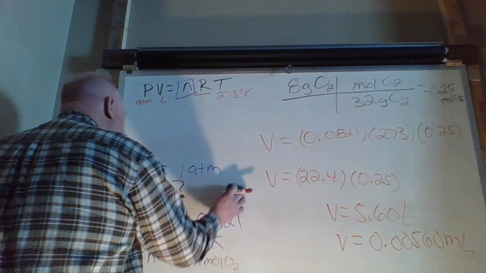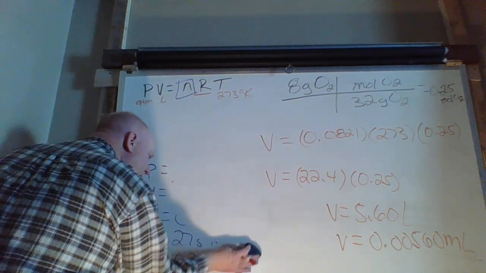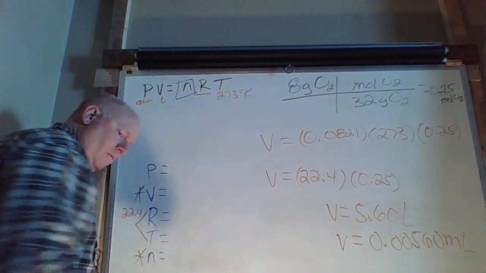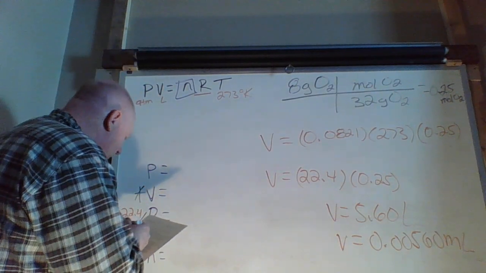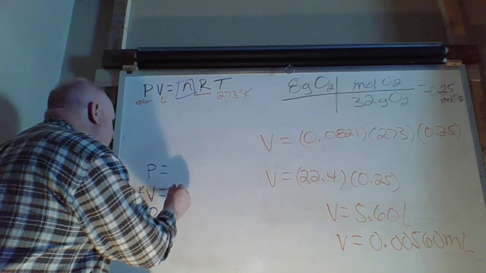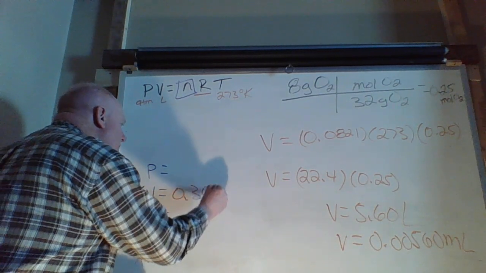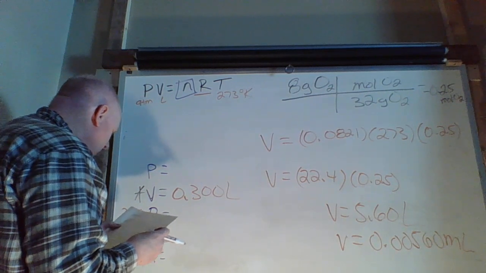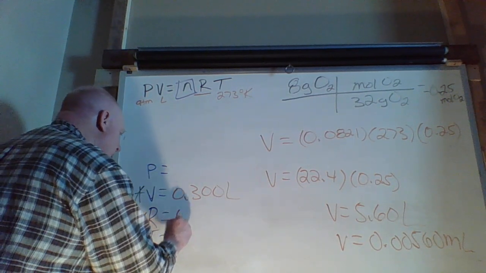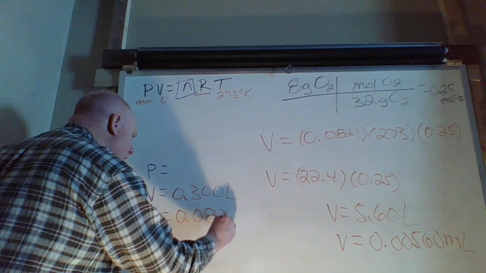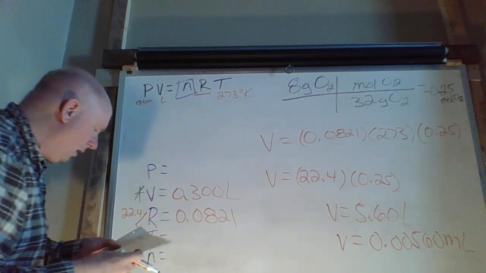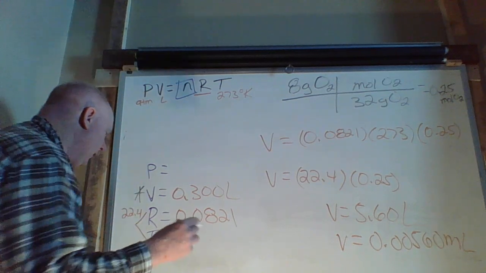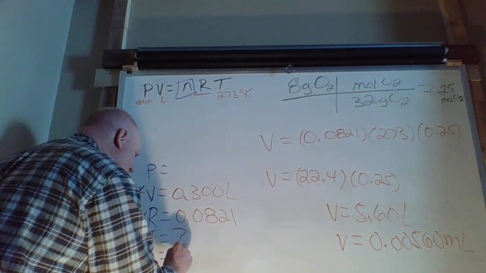We can certainly accommodate that. Which then means we've got 0.300 liters, okay? And then the R is always going to be the same, 0.0821, okay? And then it's asking for the temperature, so we don't know.